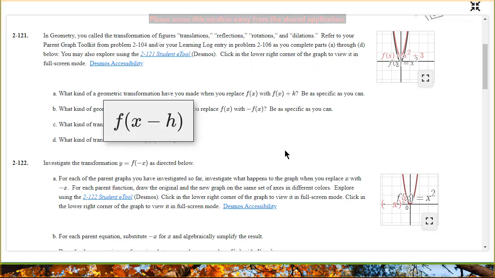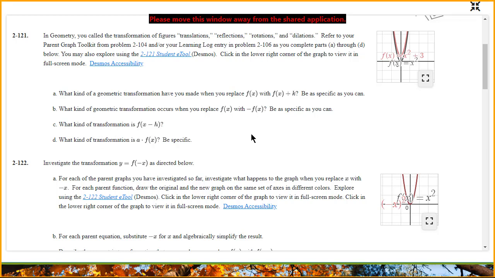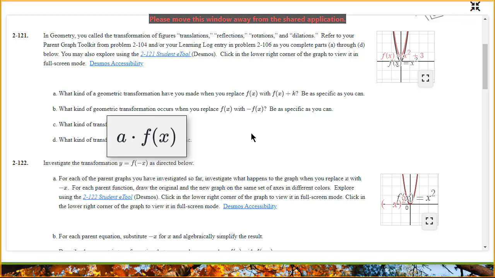If we had it with our x somehow, regardless of what family of function it was, since it was with x, it moved it along the horizontal axis. So our h is telling us if we're moving it left or to the right. And if we had a number out front, if it was negative, it flipped it over the x-axis. If it was a number greater than 1, it stretched it because you were getting there faster.